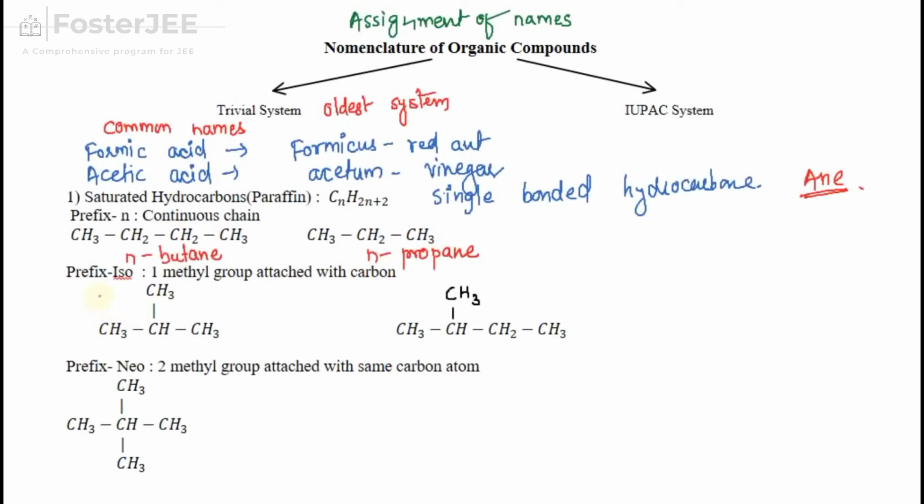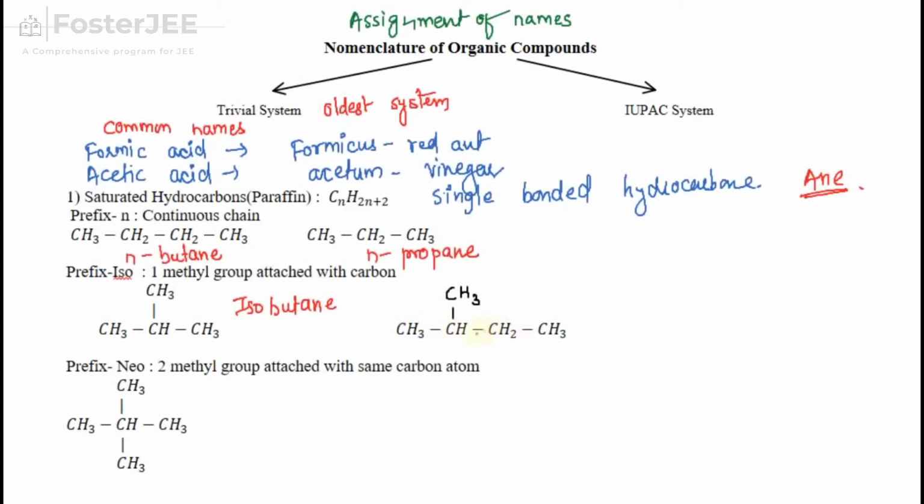So here we can see that there are 1, 2, 3, 4 carbon atoms. So it will be butane, and here one methyl group is attached with the straight chain. So it will be isobutane.